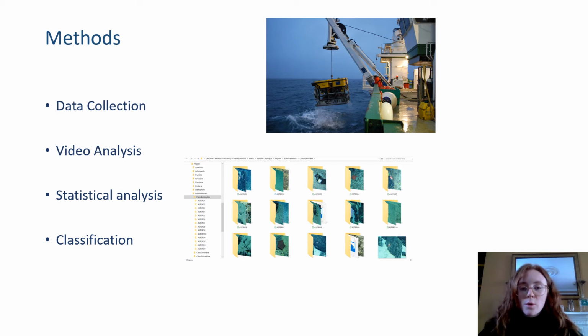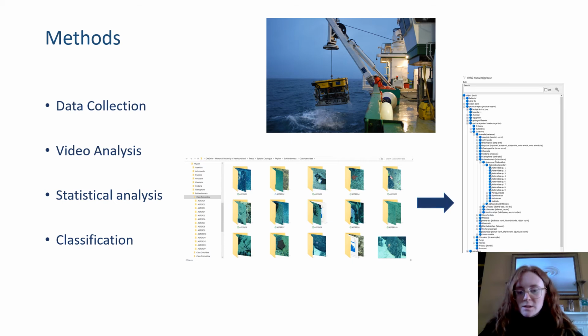I'll record every organism that I see as an observation in the video annotation software, which is called VARS. My species catalogue will be copied into the knowledge base in VARS, which looks like this. So it'll translate into this knowledge base. This is what I will use directly to annotate my video.